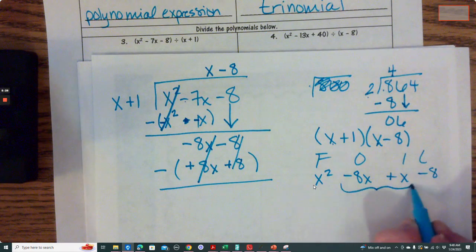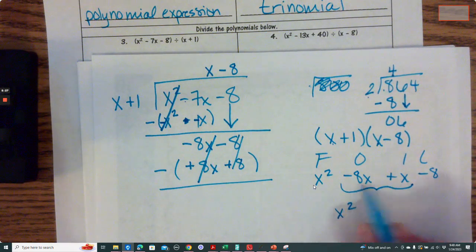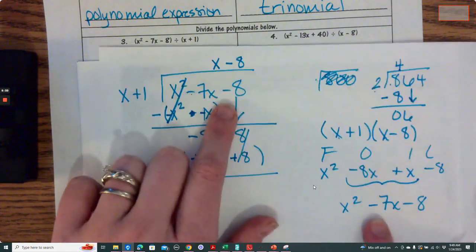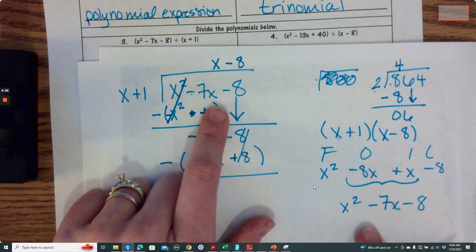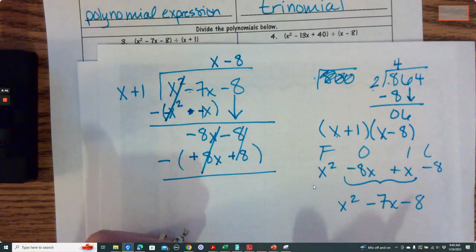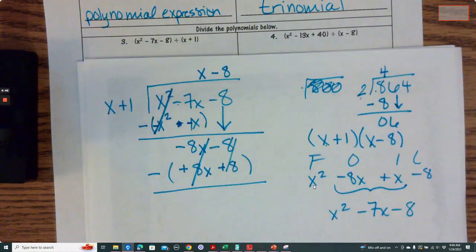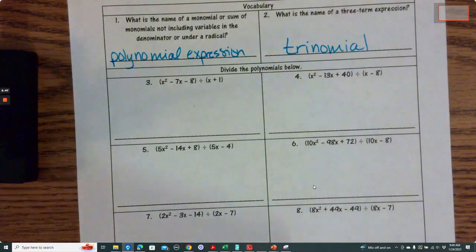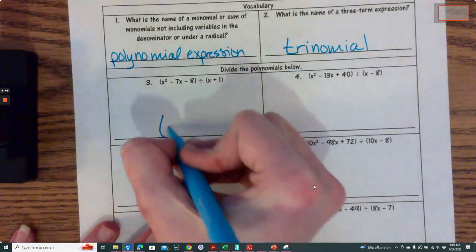If you combine like terms, negative 8x and a positive x make a negative 7x. And you get kind of where you started. Remember, you can also use that little hack in your calculator, that store, to do this as well. Okay? All right. And that's the answer to that one.